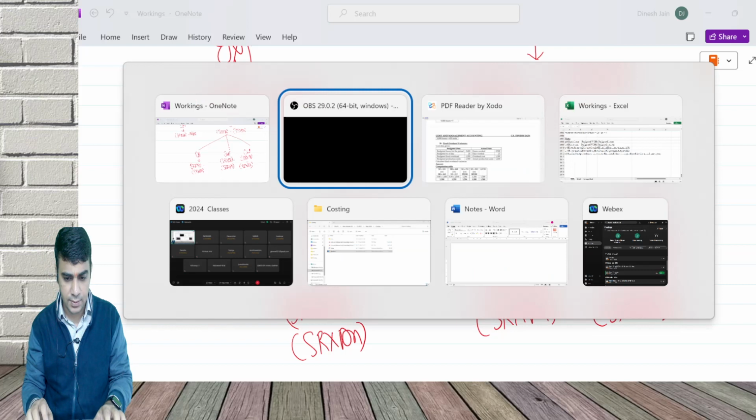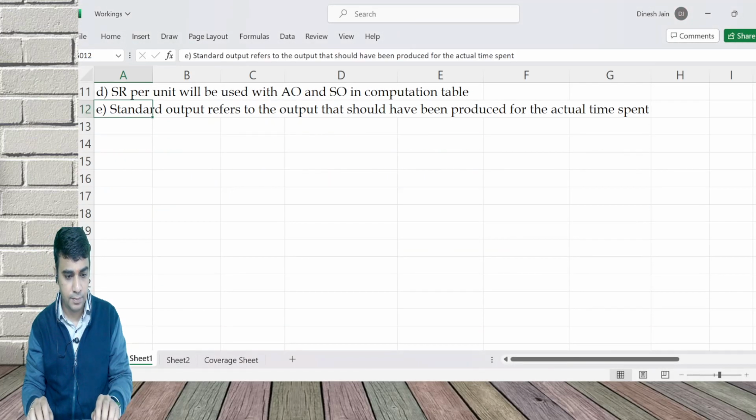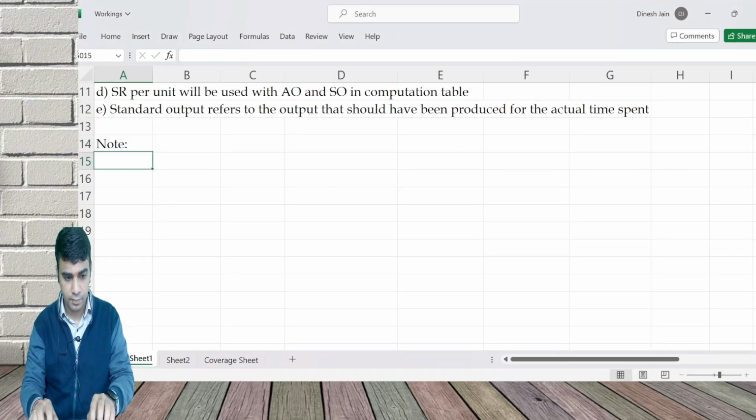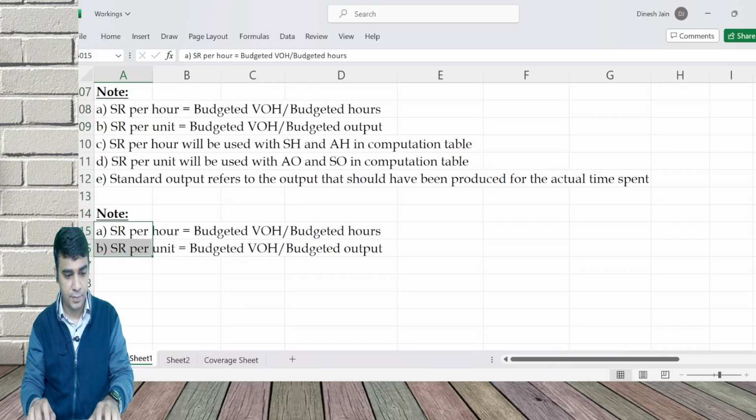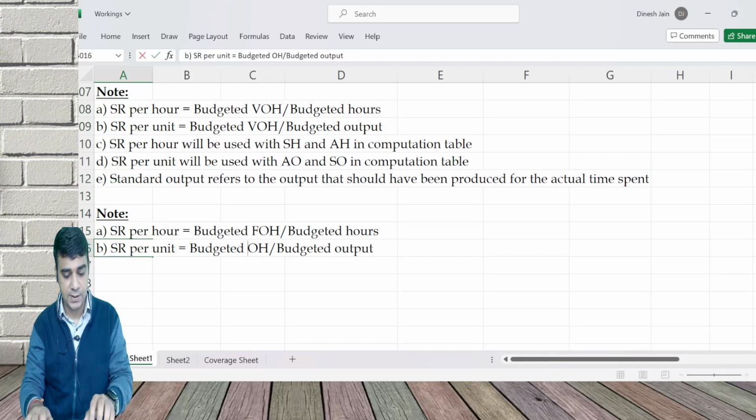Okay, now write the note. The first two notes are the same. SR per hour is equal to budgeted fixed overhead, SR per unit is budgeted fixed overhead.